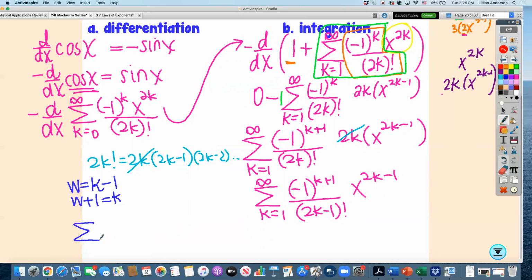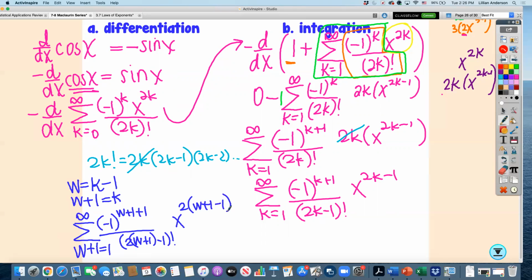So that's going to become the sum of w equals, well, every k, so w plus 1 equals 1 to infinity, of negative 1 to the w plus 1 over 2 parentheses w plus 1 minus 1 factorial times x to the 2 w plus 1 minus 1.